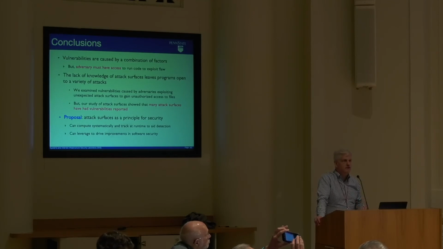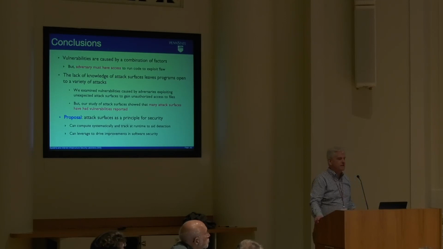It's relative to these other aspects of flaws and exploitation. Identifying where an adversary may have access is a more straightforward thing to do. So in this talk, I've been advocating us focusing on the idea of leveraging attack surfaces as a basis for managing security.